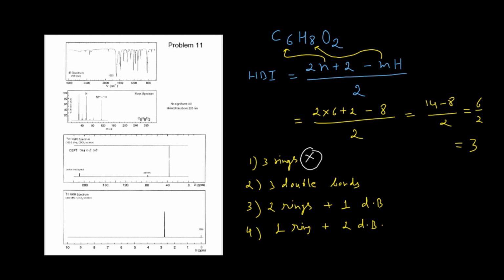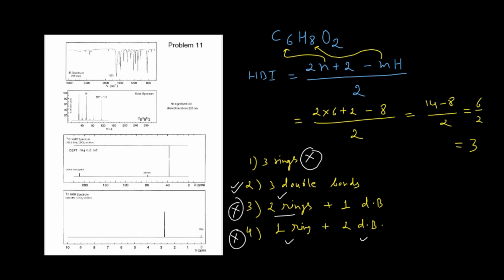And if you are considering benzene, that means 3 double bonds may be present, so this possibility may exist, right? But the third one you can discard very beautifully again, because 2 rings are not possible. And if you consider benzene, then 1 ring plus 2 double bonds is not possible at all, because benzene must have 3 double bonds inside it. So only the one possibility which looks good is option number 2, 3 double bonds. Up to now, this is only the information you may have.